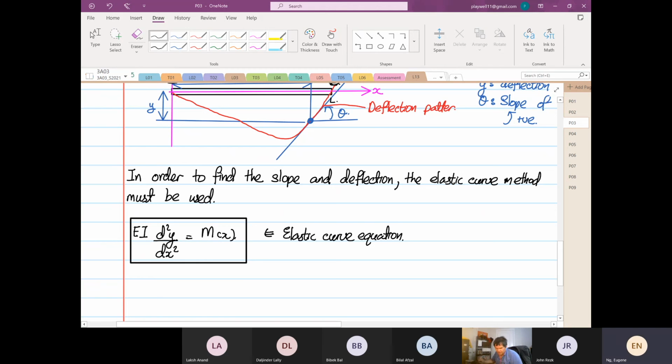Where E is the Young's modulus, and I is the second moment of area.